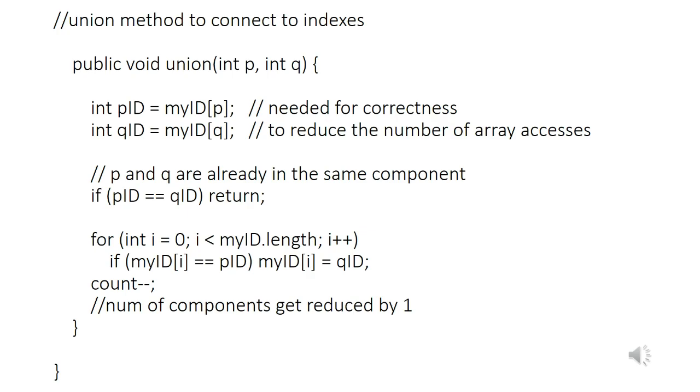Again here's a for loop which iterates over the size of my ID array, and it checks whether myId at the index is equal to PID, and if so sets it to QID, and then it reduces the count by 1.